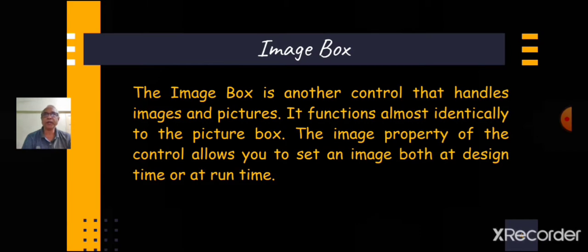The Picture property of the control allows you to set an image both at design time or at runtime. Many Visual Basic programmers prefer the image control over picture box as the image control consumes less memory resource, resulting in faster loading of it. Similar to picture box, the LoadPicture method can also be used.